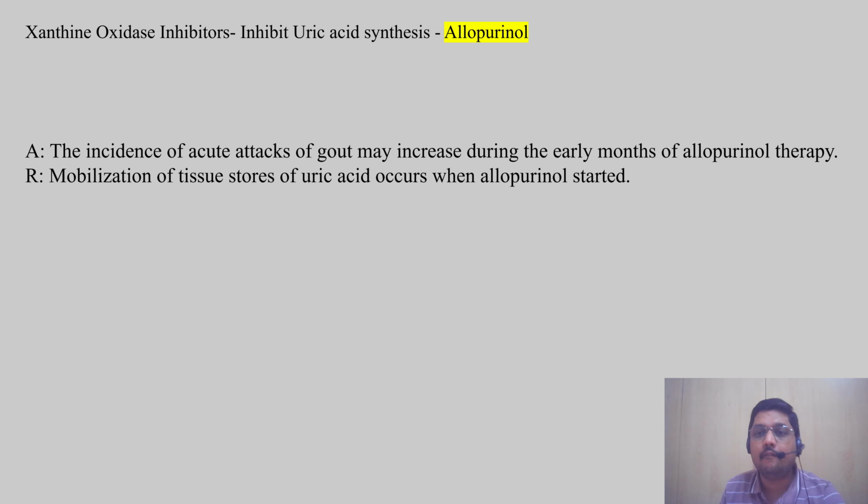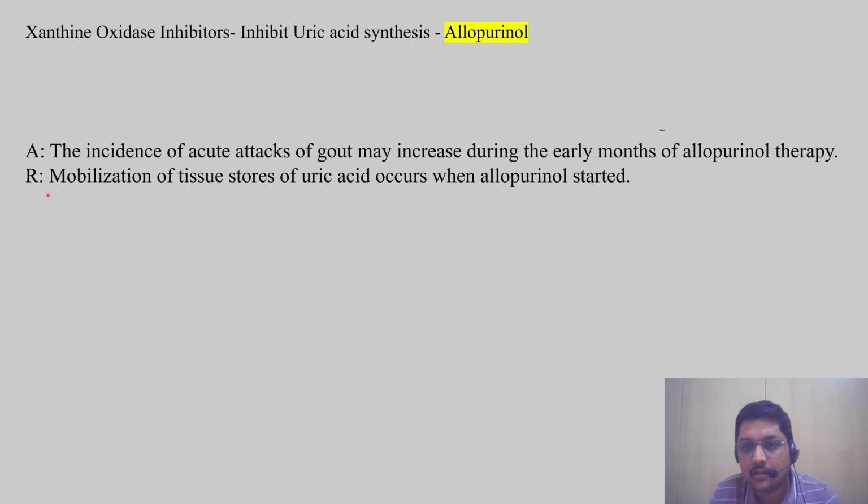That is, whenever there is acute gout, if you start therapy with allopurinol in the early months, there is recurrence of acute gout. Why is there recurrence of acute gout? Because when allopurinol is used, the xanthine oxidase is inhibited, right?